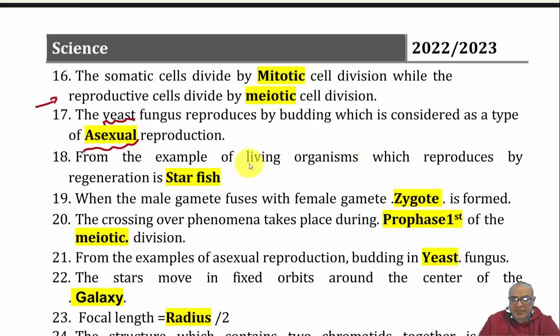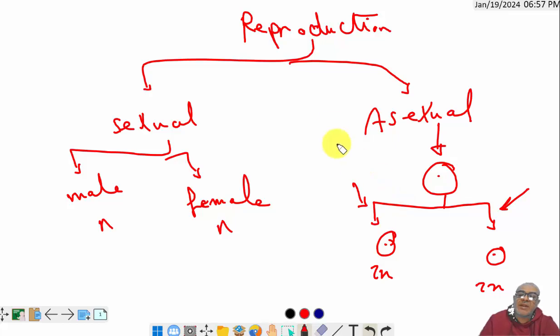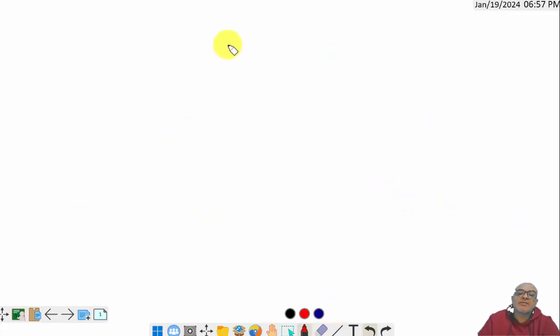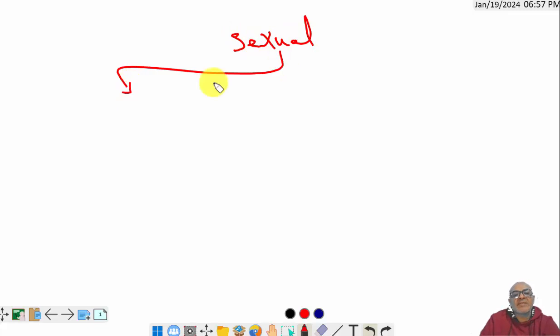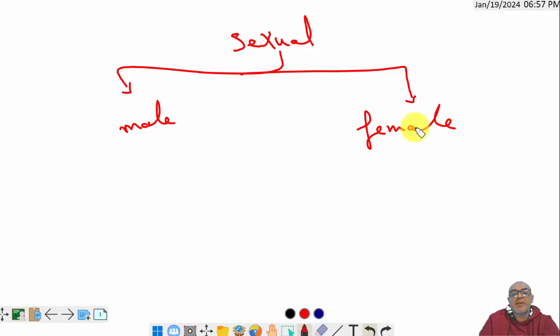From this example, the living organism which reproduces by regeneration is the starfish. When the male gamete fuses with a female gamete, it gives a zygote. Here again, in sexual reproduction, we have male and female.